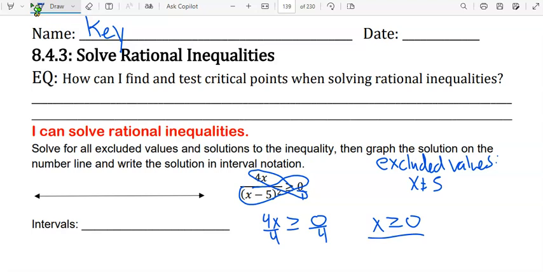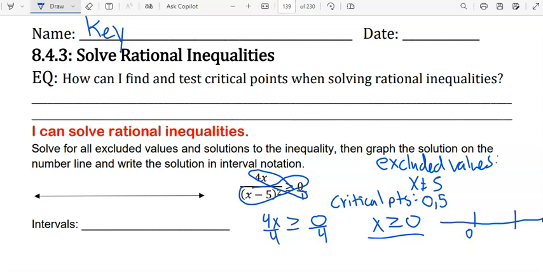So 0 and 5 are what you would call critical points. They're numbers that could be excluded, they're solutions, intercepts. It's stuff you're going to test out to see where you would shade the answer. So I'll make a little number line.